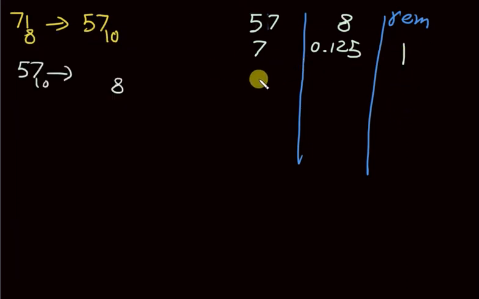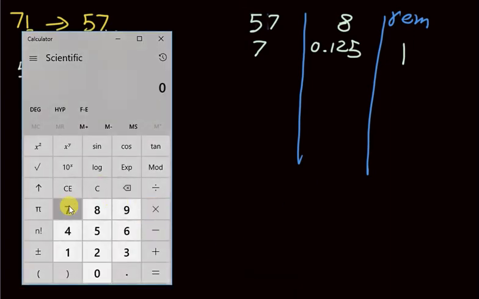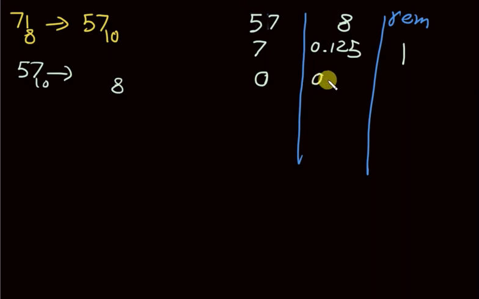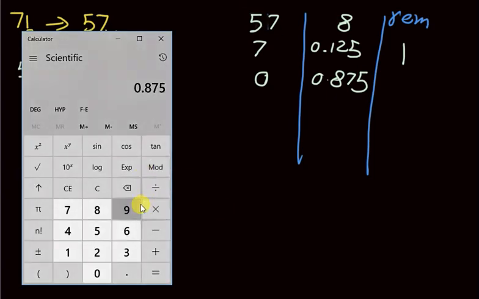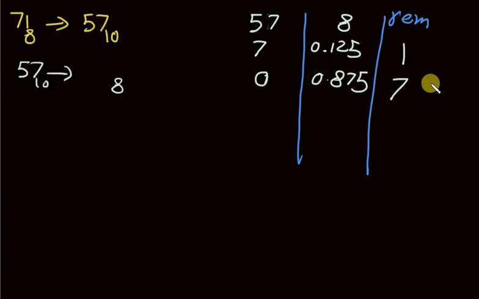This is my remainder. And then again I have to divide 7 by 8. It will give me 0 here and 0.875 here. That means 0.875 multiplied by 8 will give me 7. And then we read it from the bottom up.